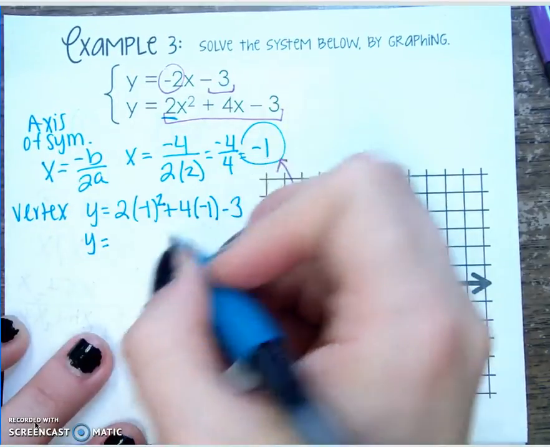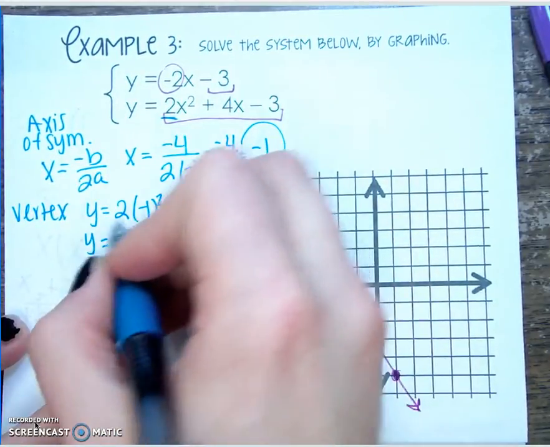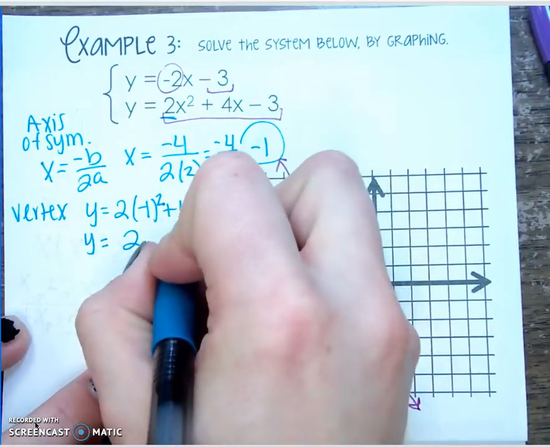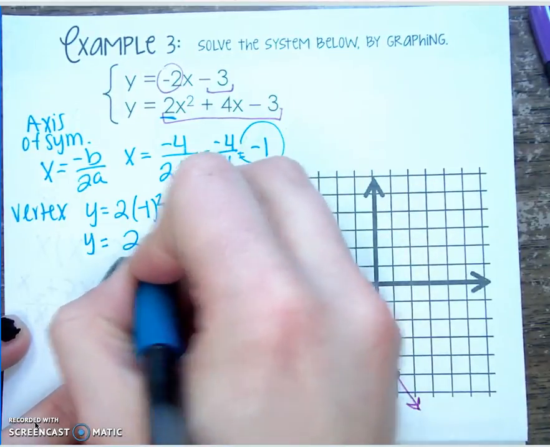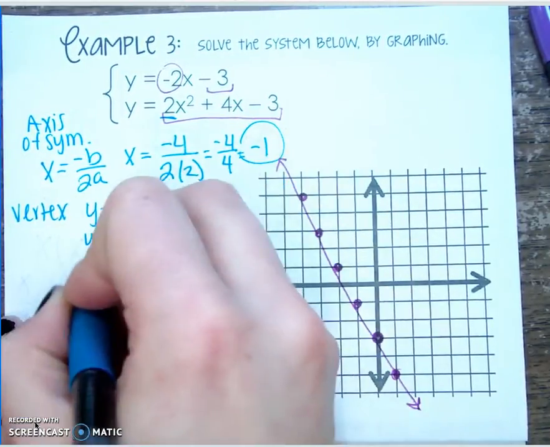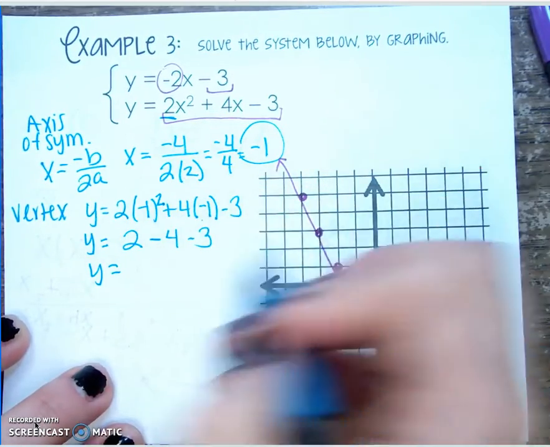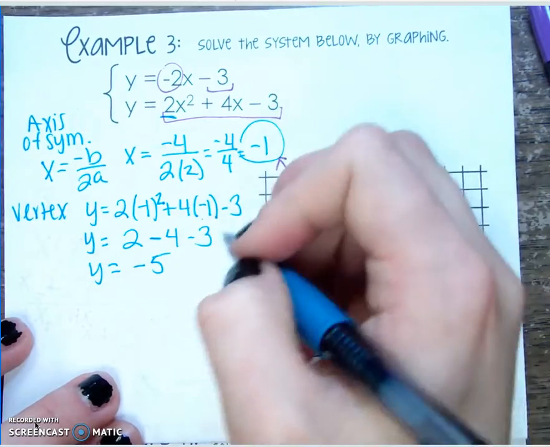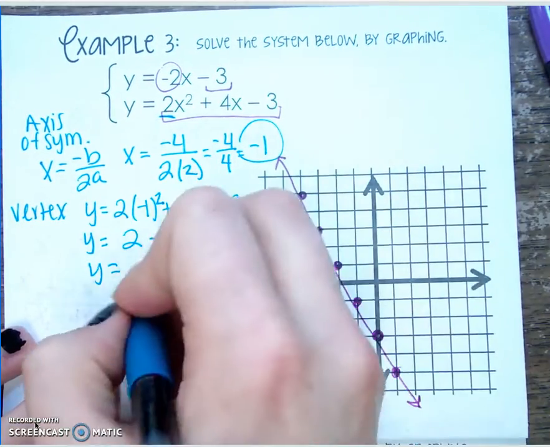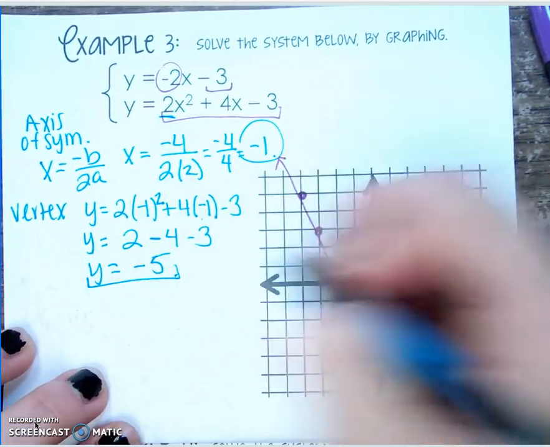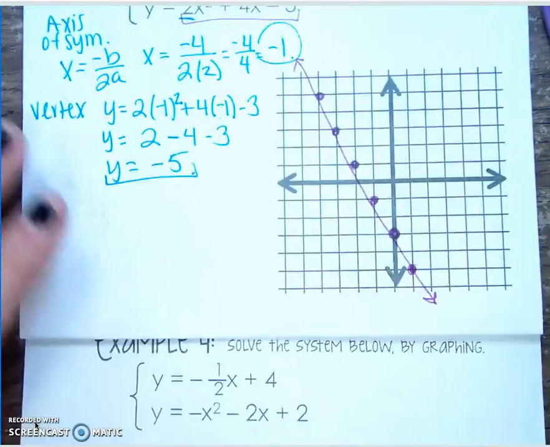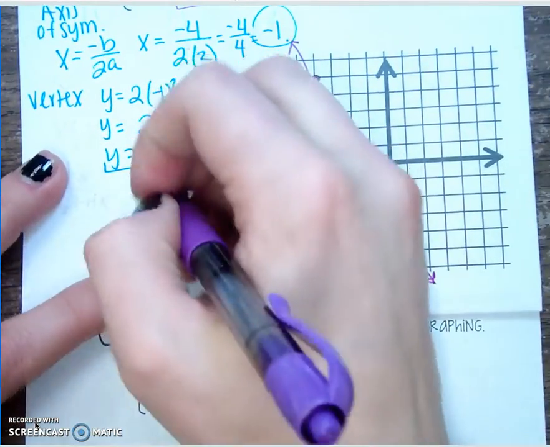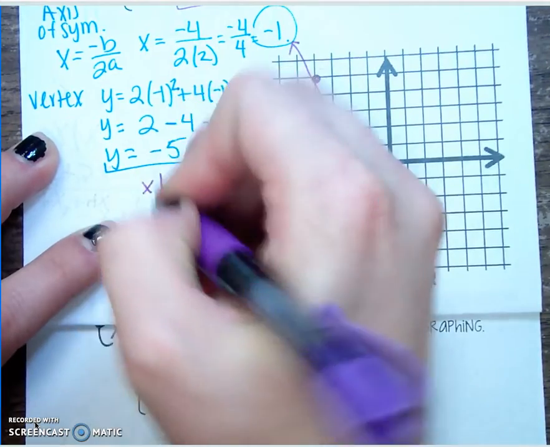Y equals 1 squared is 1, 2 times 1 is 2, 4 times negative 1 is negative 4 minus 3. So y equals negative 2 minus 3, or negative 5. That's my vertex. Negative 1, negative 5. Now don't forget, you got to set up your table, your x and your y table.